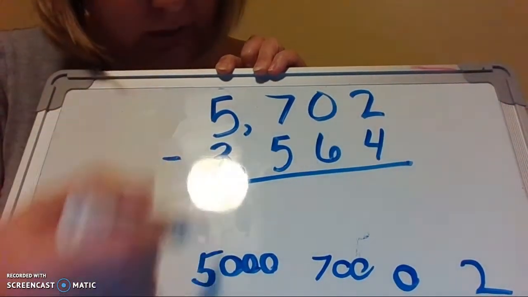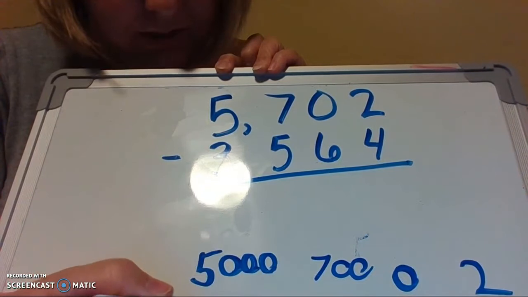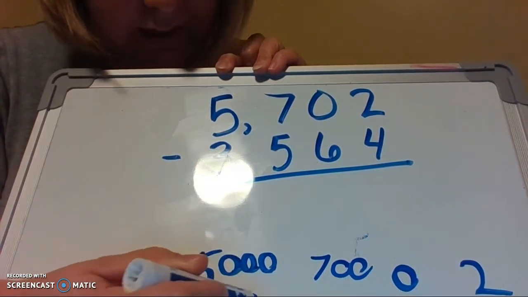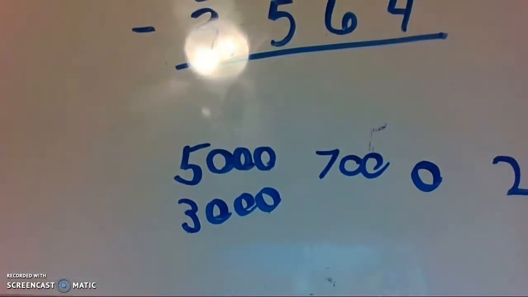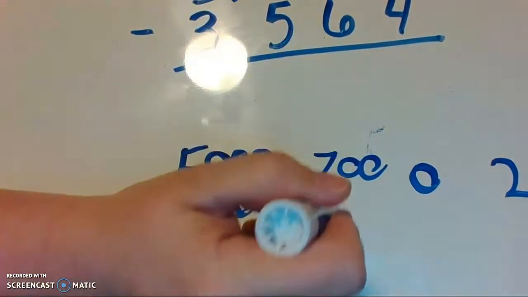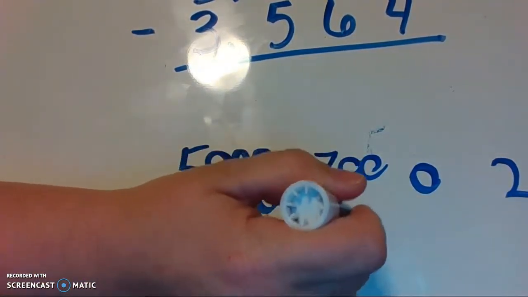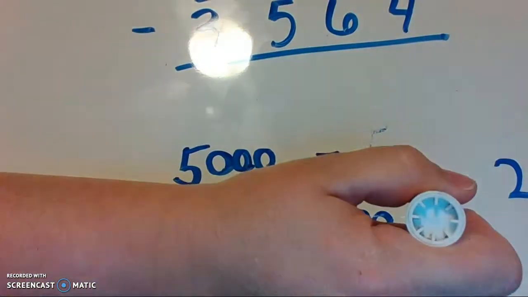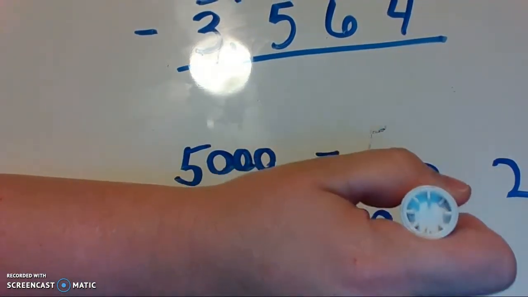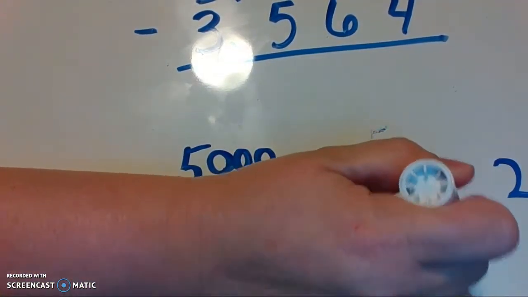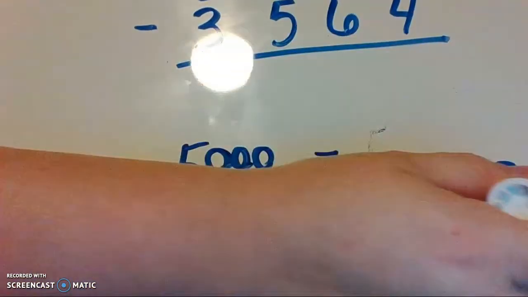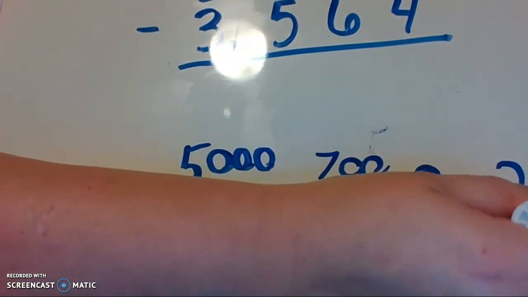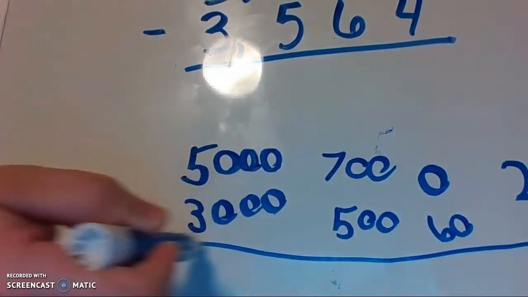Then I come over here and I have 3,000, and remember I want to make sure I line up my numbers. Oh, y'all can't see, sorry. 500, 60 tens, so that's 60, and then 4 ones. Now I'm ready to subtract.